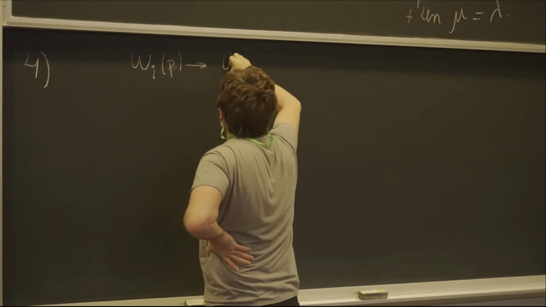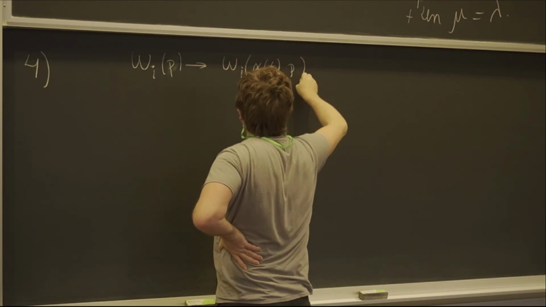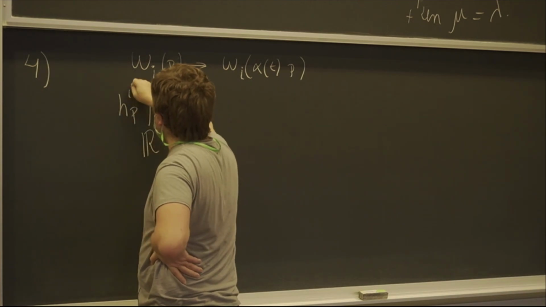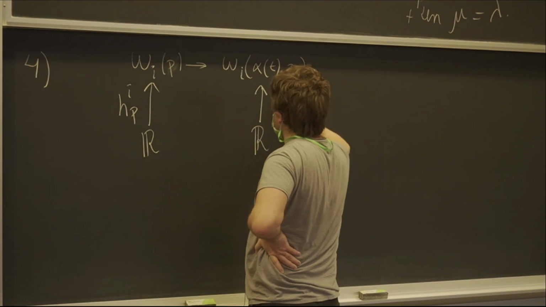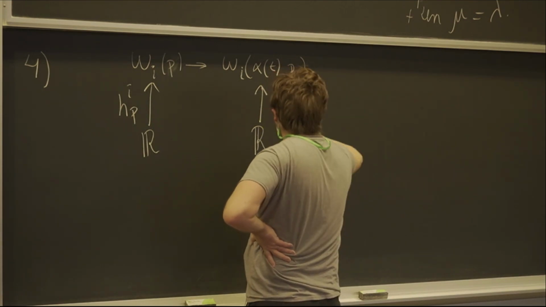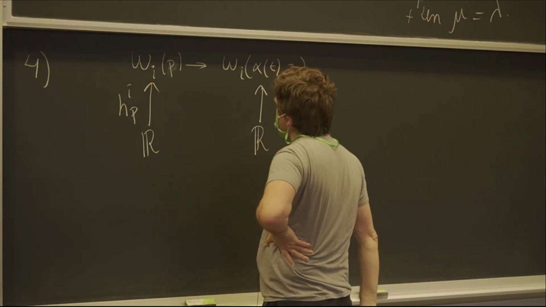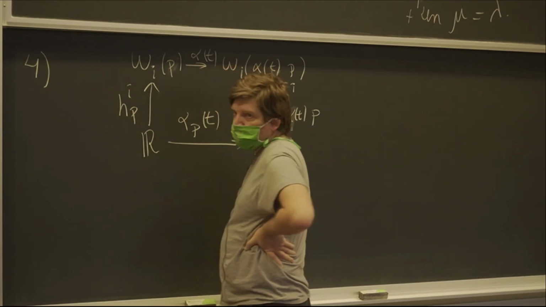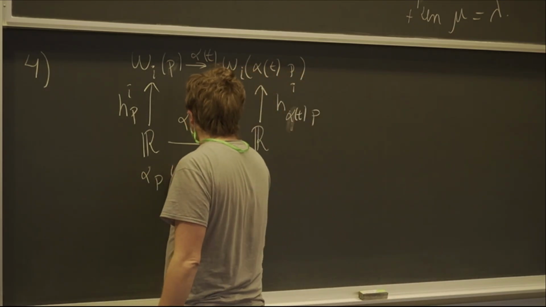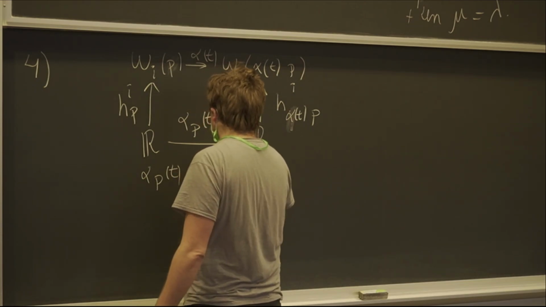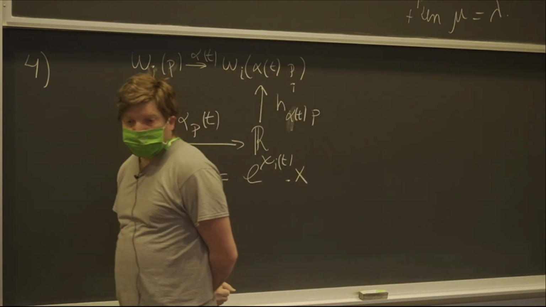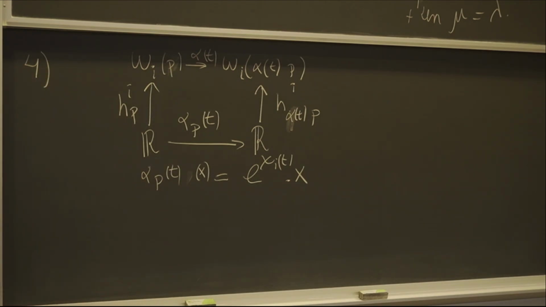Wi of P, Wi of alpha T of P. Here I have this coordinate R, H sub P, I. Here I have this coordinate also R, H, alpha T of P, I. Here is alpha of T. And down here I will have something that I will call alpha sub P of T. Alpha sub P of T applied to X is nothing but e to the chi I T times X. So that's really what I care about.